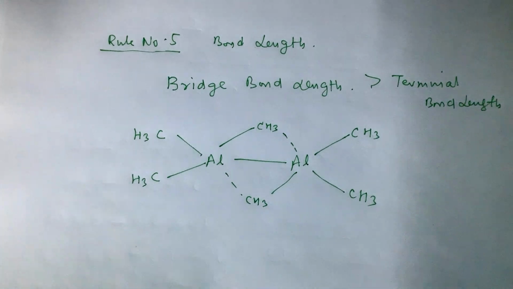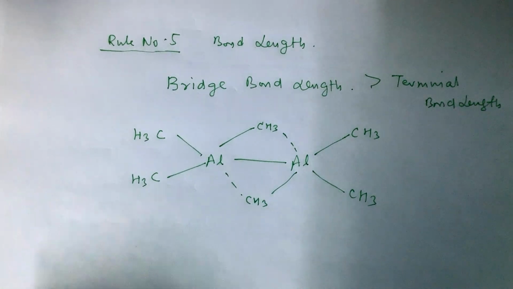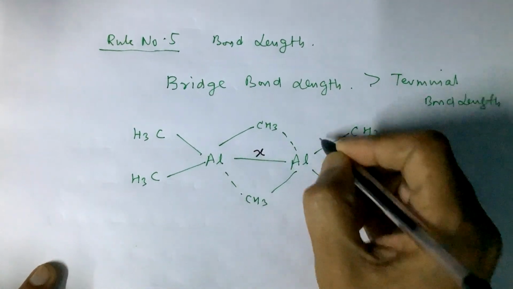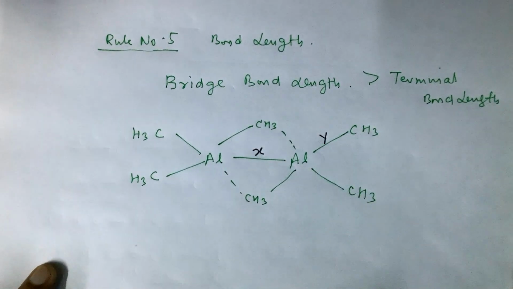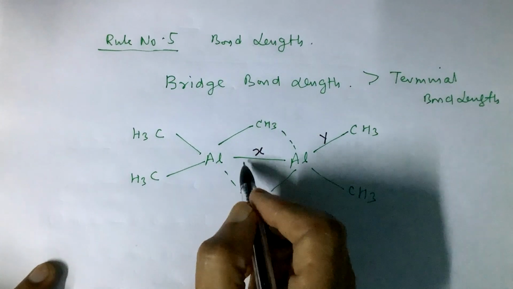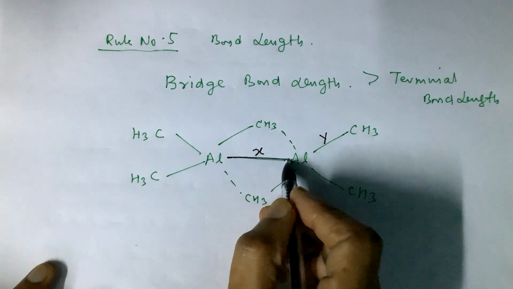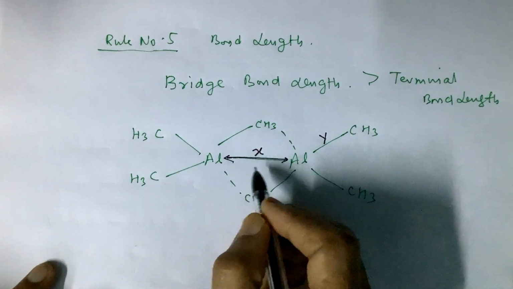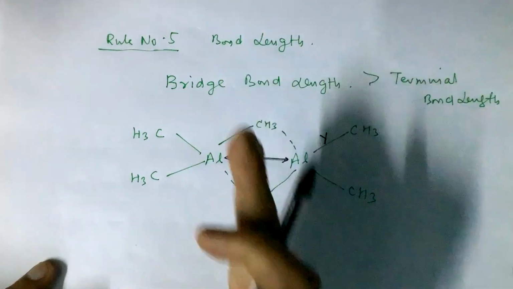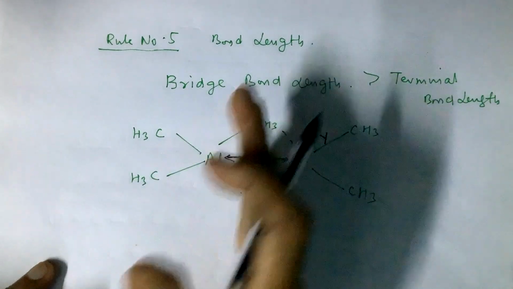In this molecule, if this is X and this is Y, then we will say that this is the bridge bond length, because it is the bridge between the two ligands, two groups.